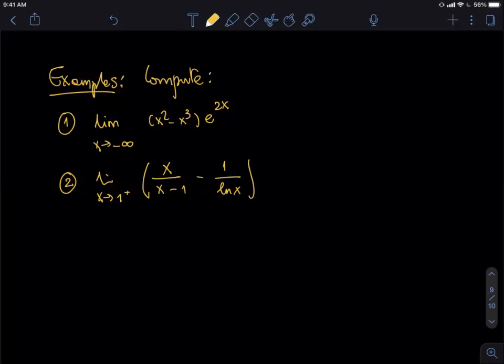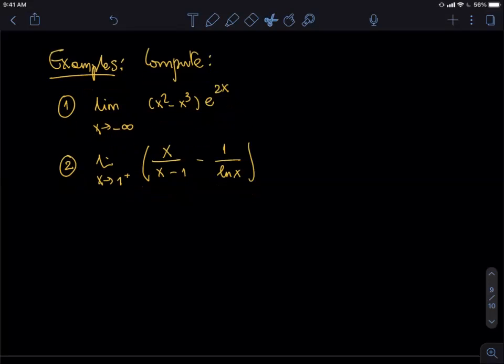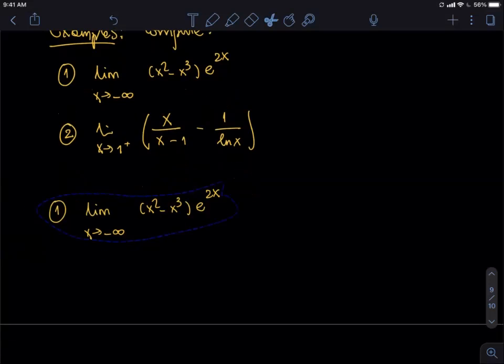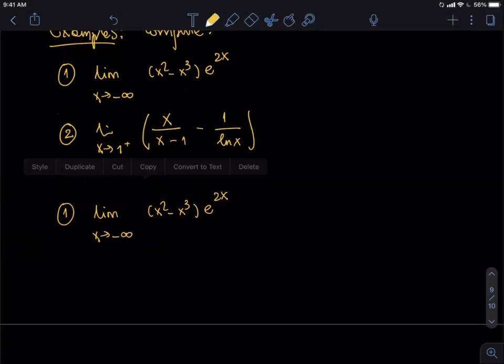Let's compute a couple limits. So the first one, I'll copy paste, is the limit as x tends to negative infinity of (x squared minus x cubed) times the exponential of 2x. So let's see, negative infinity squared is infinity.